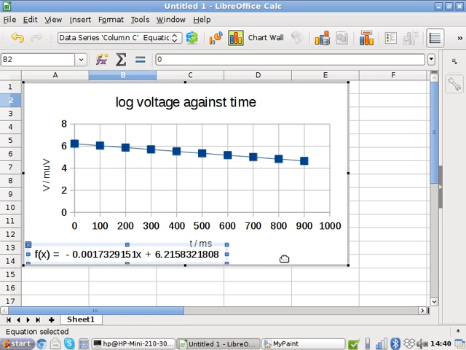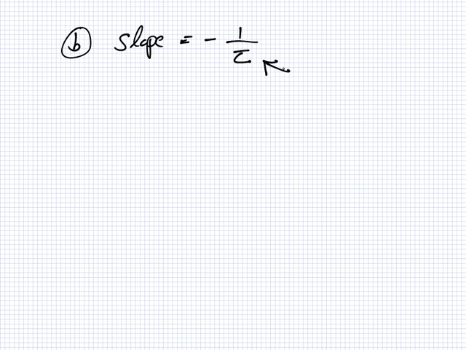Part B, what's the unit of the slope? I went through this in class. Do you remember what the slope is? It's 1 over the time constant. And what's the unit for the time constant?